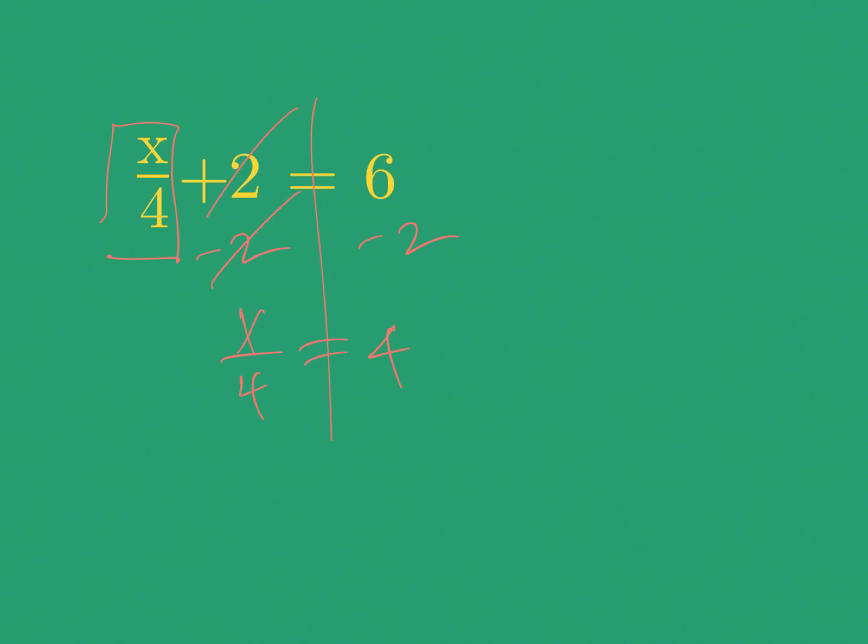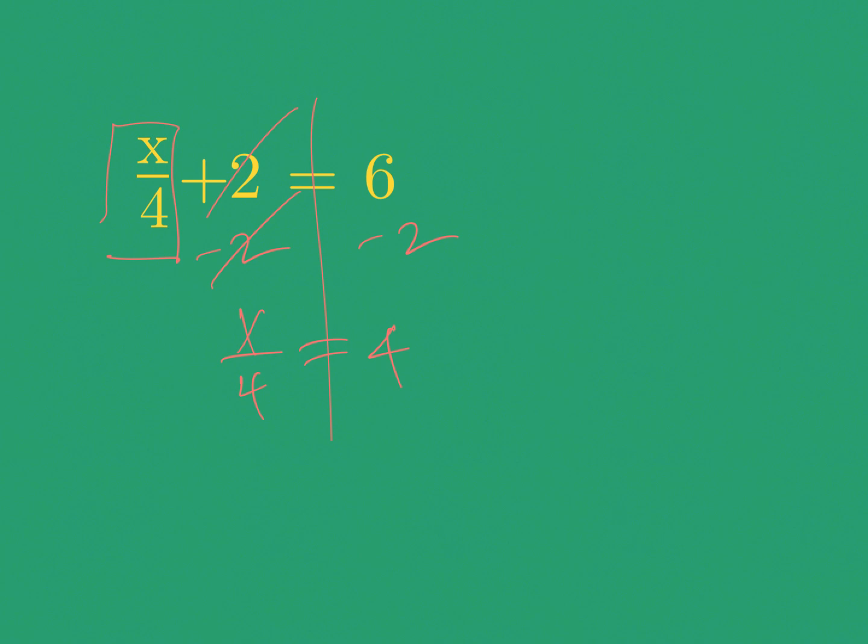Well, the whole idea, again, is that this variable term, the term that contains the variable, the x, you have got to get that term by itself. On the left side of this equation, not only do you have the x over 4, but there's also a plus 2.